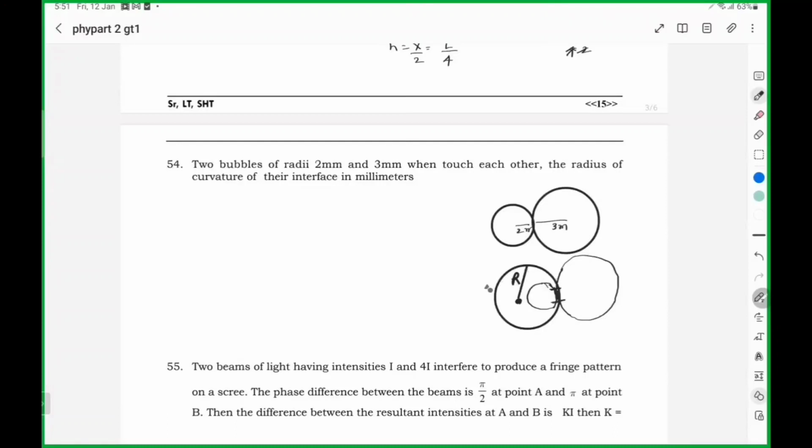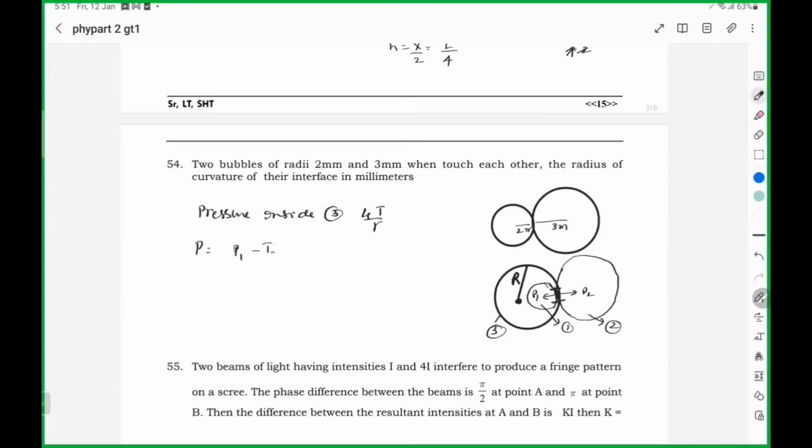So here, let us say it is 1, 2. Assume that it is a soap bubble. Pressure inside 3 will be 4σ by R. So inside this you have a pressure P1. Inside this you have a pressure P2.